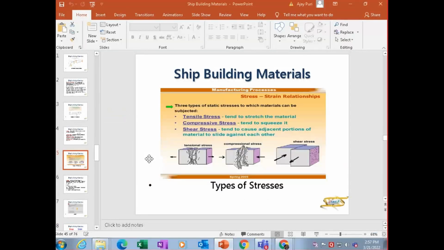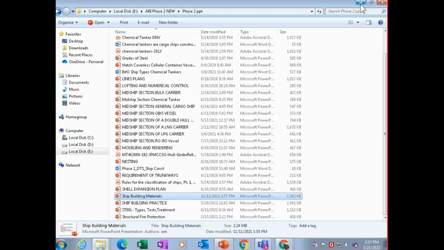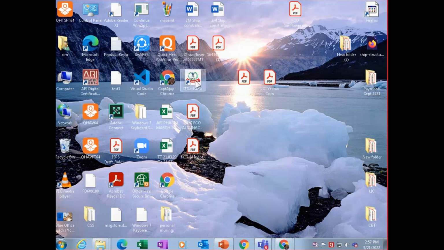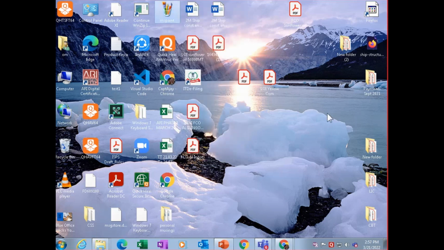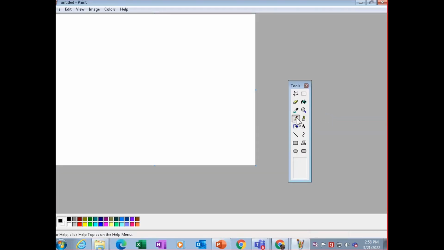I'll just explain in diagrams, from the point of view of a ship, how the tensile stress comes up. That is in the case of hogging and sagging, and how your shear stress comes up.